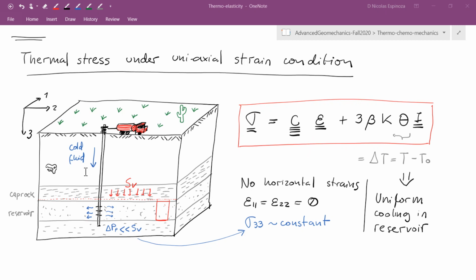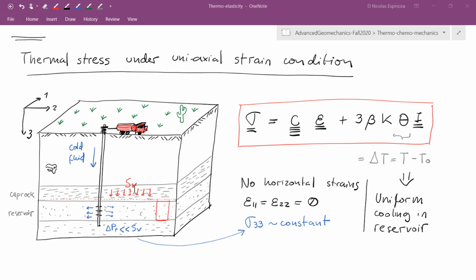For that, let's imagine the following case in which we have the injection of a cold fluid into a reservoir that has a large permeability so that the changes of pressure are relatively small. We're going to use this assumption in order to assume that the changes of effective vertical stress are negligible. As we know, in this condition also we assume that the total vertical stress is going to remain constant.